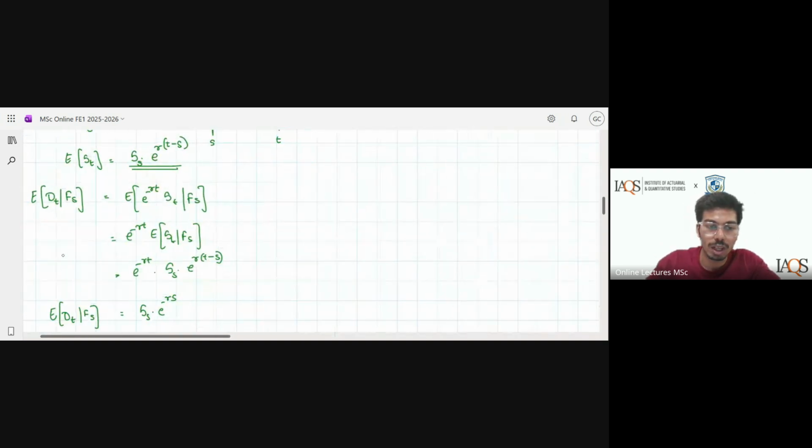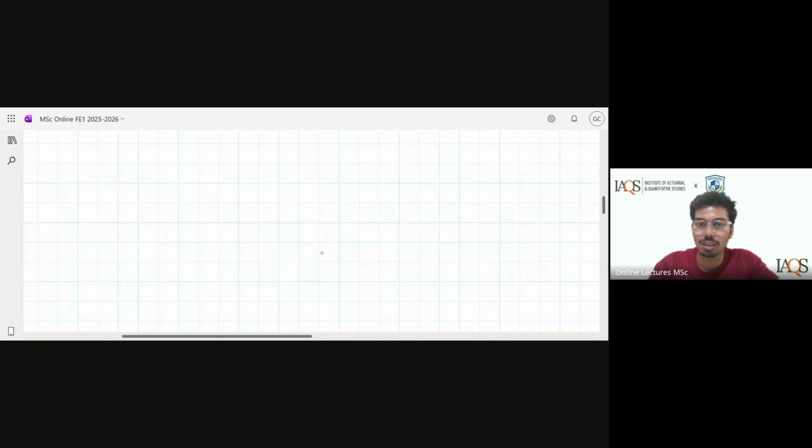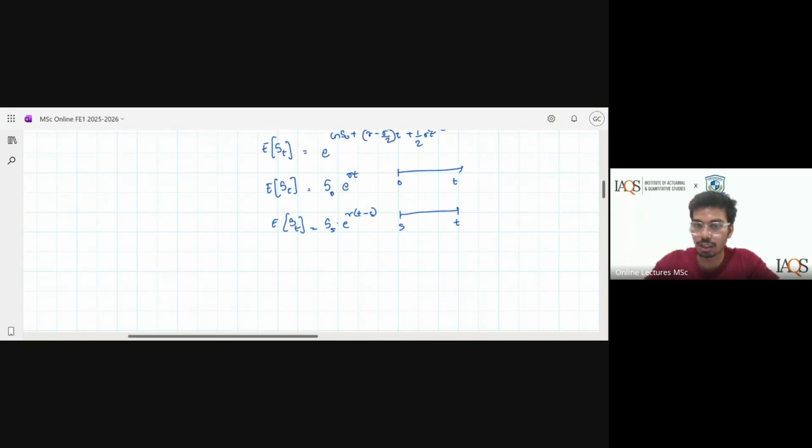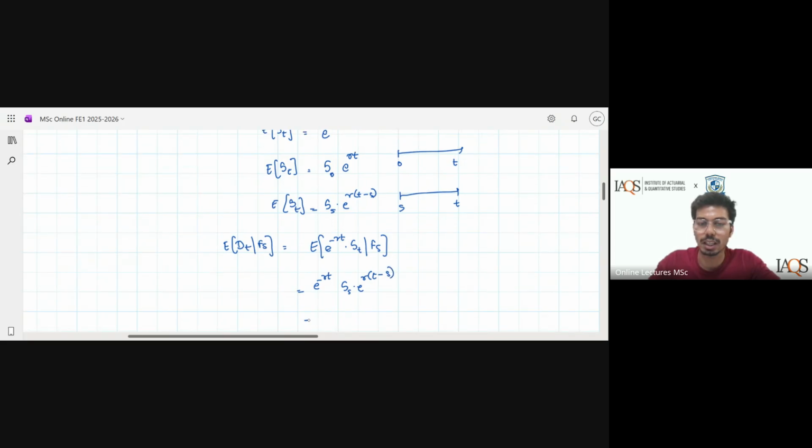Fair enough? If I look at it from an S to T perspective. Now, you're going to write the same four steps again. That is why I did discrete and continuous together, so that you all can take a call whether to write it again. Expectation of DT given FS, I know is expectation of e raised to minus rT into HT given FS. e raised to minus rT common out. Expectation of HT is what? SS into e raised to r(T minus S). Minus rT plus rT cancel out.